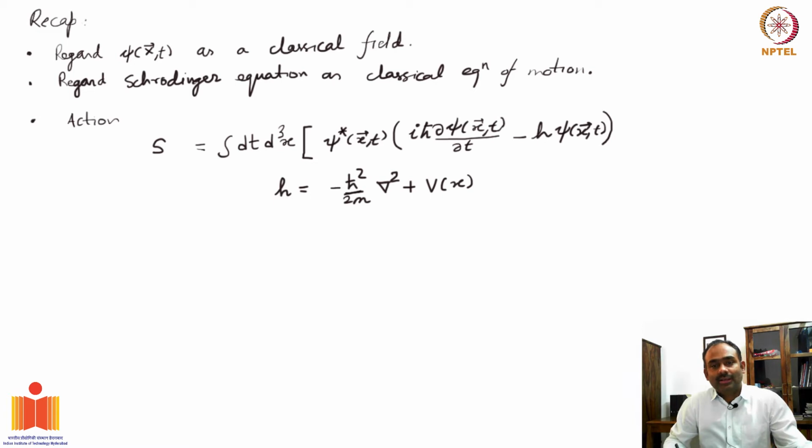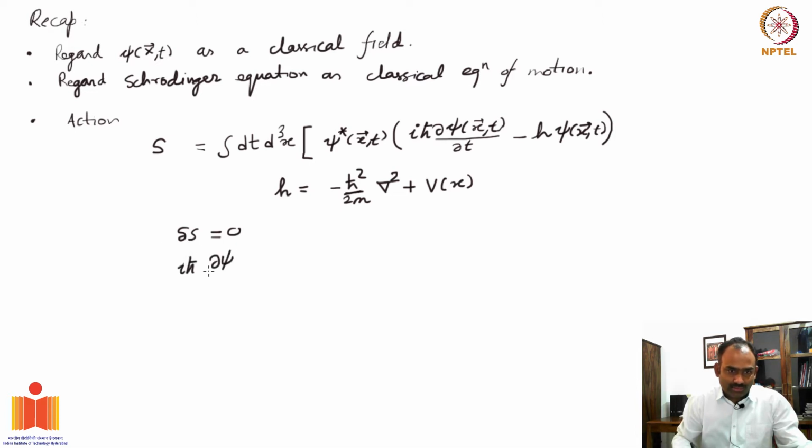Okay, so we had a potential in the problem. Okay, and then we derived equations of motion using delta S equal to 0, and treating psi star and psi as independent variables, we found that the equation of motion was what we wanted. I mean, that's not surprising, that's how we constructed things.